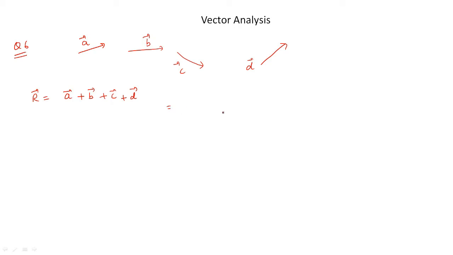Now here vector A, first we will draw the vector A. This is the tail of the vector A and this is head of the vector.